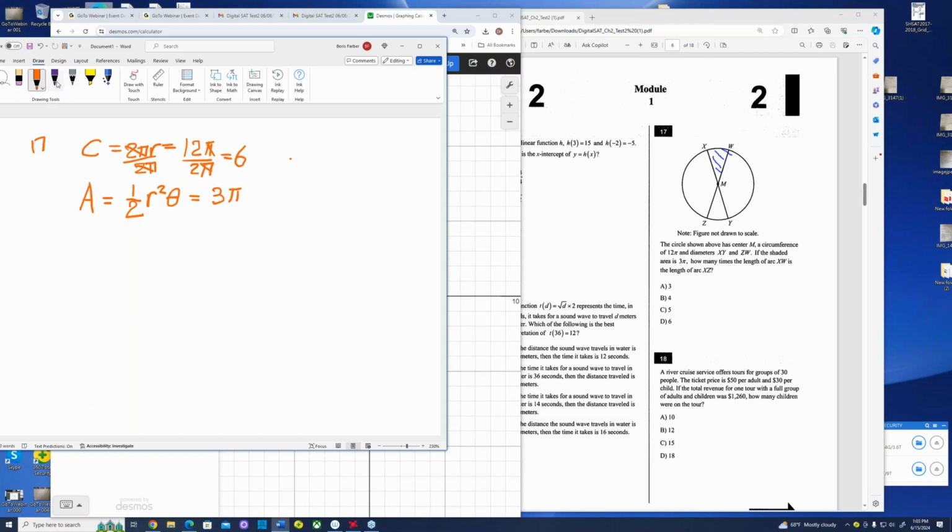So in this case, I can easily find theta. How? Multiply both parts by 2 over r squared.